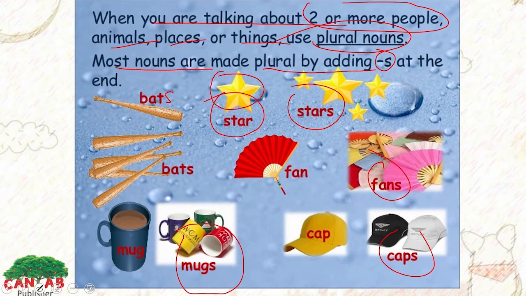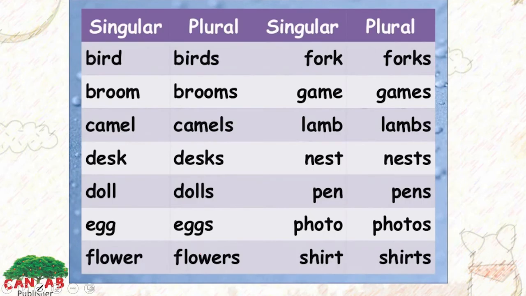But we have 4 stars here. So we will simply add s to make it plural, because there are 4 stars. Likewise, fan and caps, 2 caps here, 4 mugs here. We simply add s to make it plural because it's more than one. So we have singular and plural nouns here.